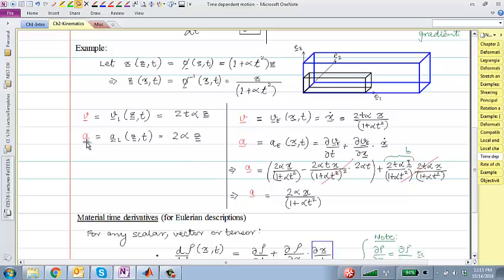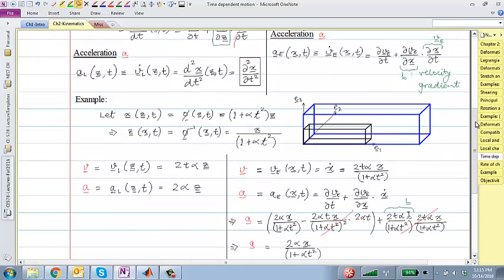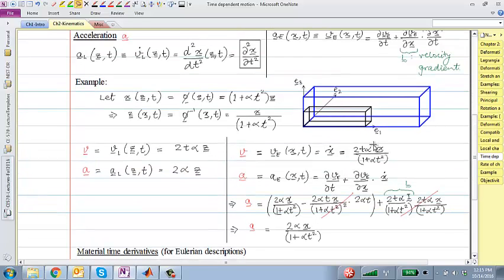So are you saying you can get acceleration from the Lagrangian description, which is this, and then substitute the inverse map? Yes, absolutely. That's what we did. Actually, that's not what we did, but indeed it will come out to be exactly the same. 2 alpha z, I substitute z for this expression. This is the inverse map, and that is what this comes out to be. Yeah, you can always do that.